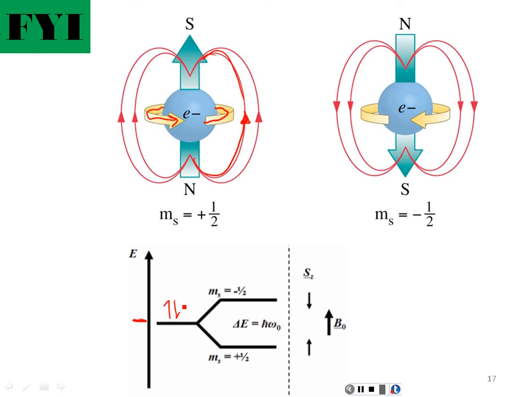But when we apply a magnetic field, B naught, in this direction, that's the external magnetic field, we see that the plus 1/2 spin orients itself with the magnetic field, so its energy actually lowers. And the minus 1/2 spin state is aligned against the magnetic field. Its energy increases.